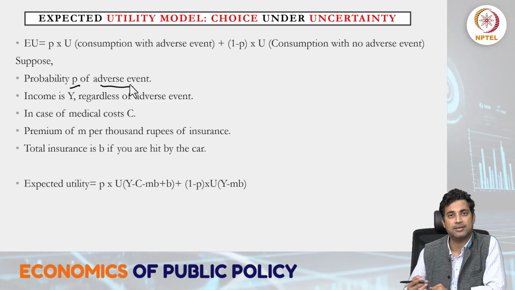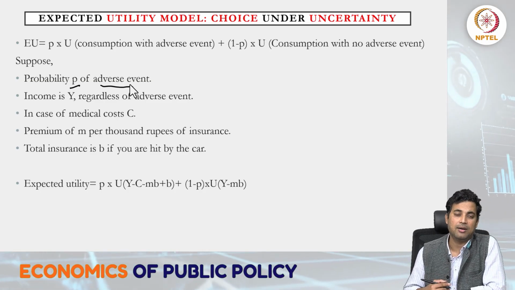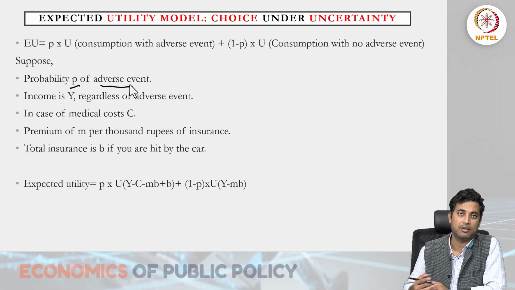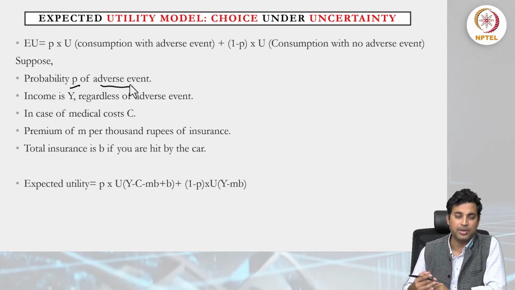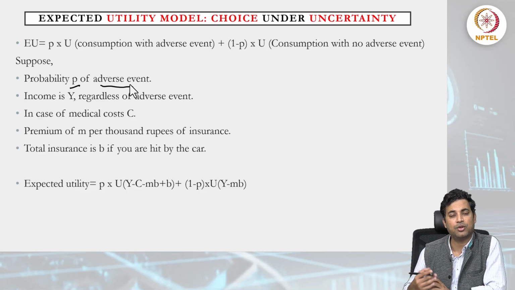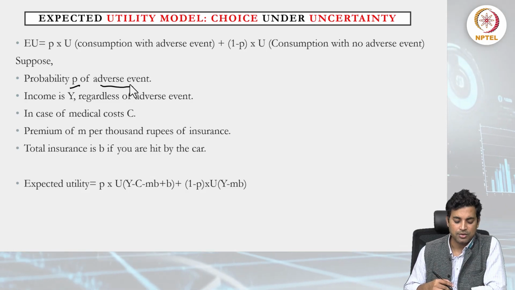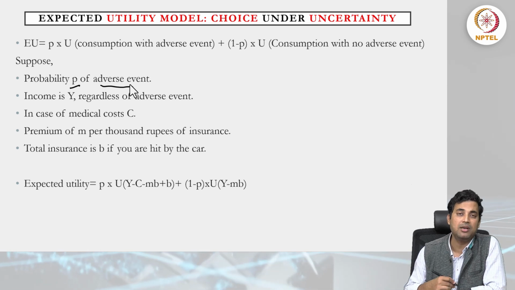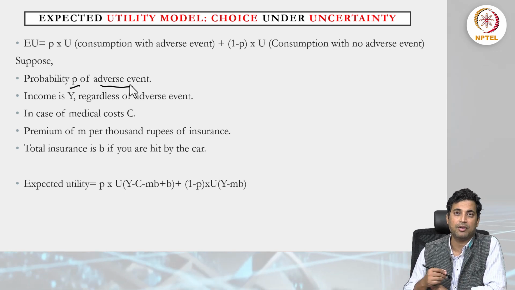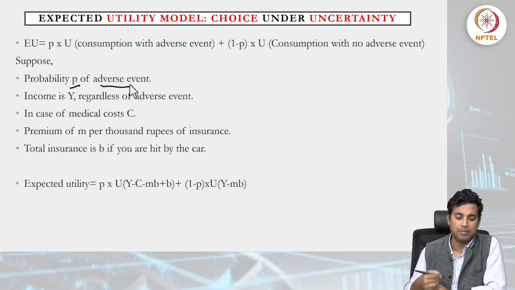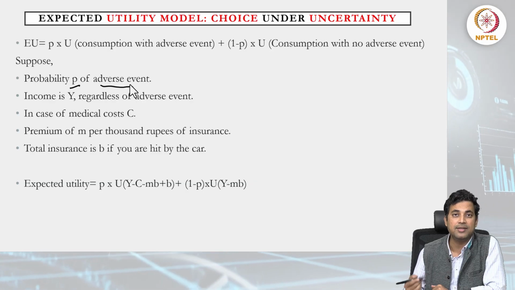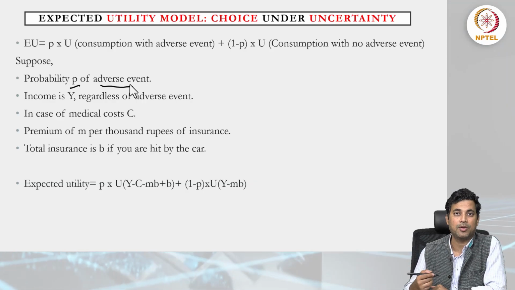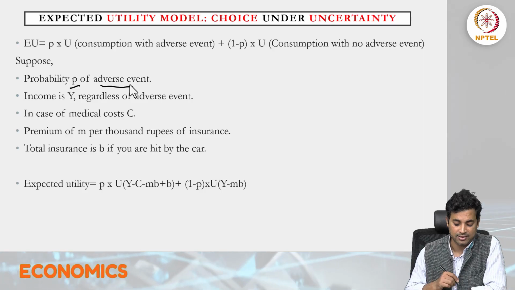Or I met with an accident, or my car was hit by another car. Then we are talking about car insurance. So let us first assume there is a probability P of the adverse event. The adverse event here is the probability of falling sick or the probability of meeting an accident.